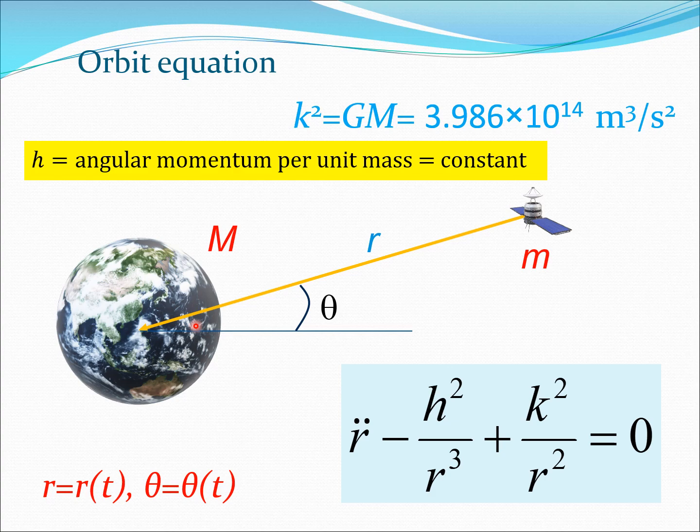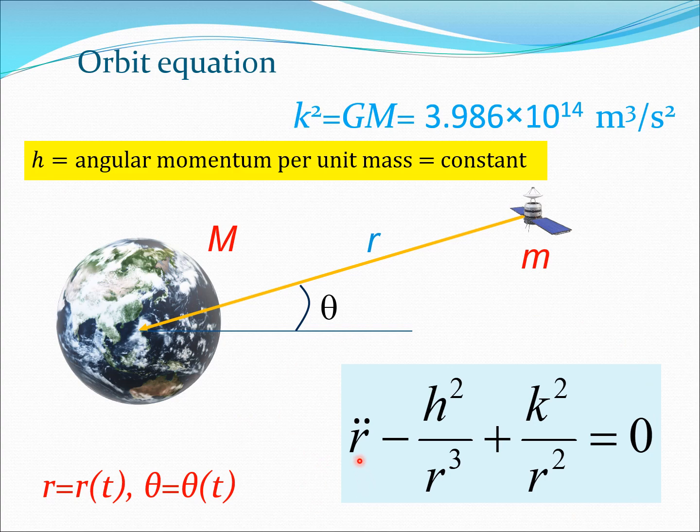So let us write out what we have discovered today. We see that there is a mass here, typically the Earth, there is a satellite, there is a distance r, there is this angle theta, and of course we also have found out what is k square value, and we know that h is the angular momentum per unit mass. Now using some of these things, k square and h, I can write the orbit equation here.